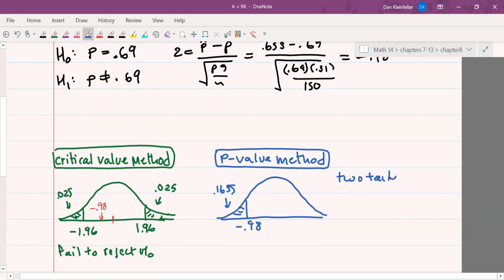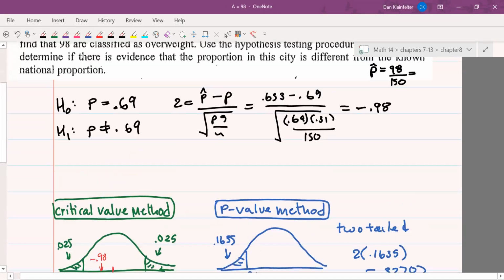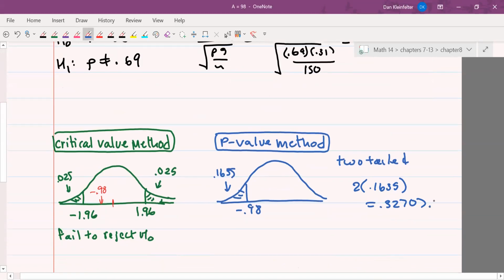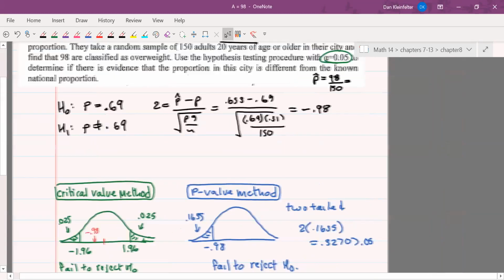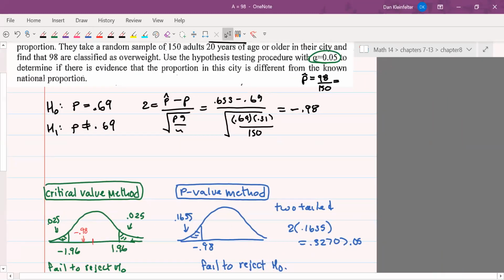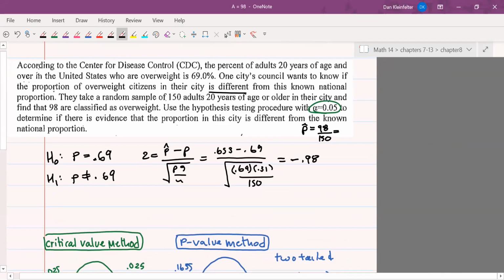And so our p-value will be twice that much because we need to account for both sides. So 2 times 0.1635 is going to be 0.3270. Okay, and that's definitely bigger than our alpha of 0.05. And so as before, we will fail to reject our H0.